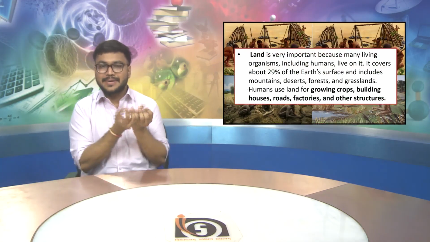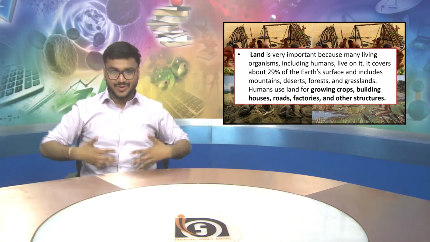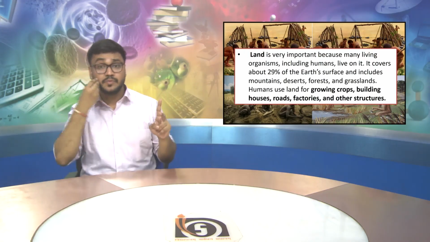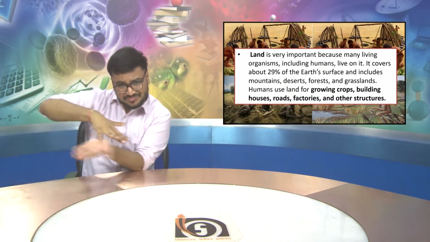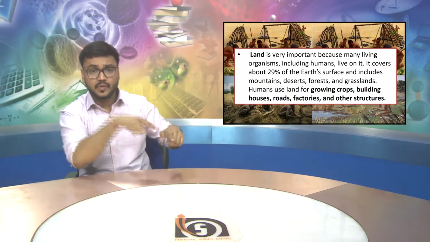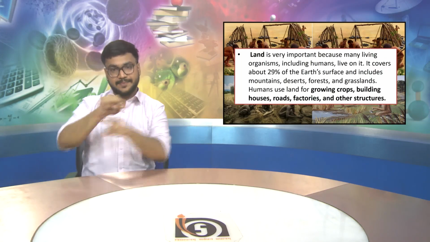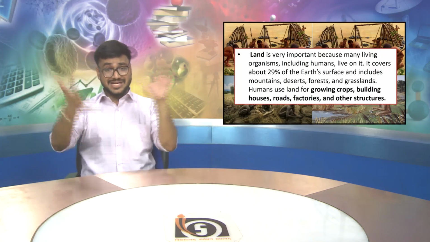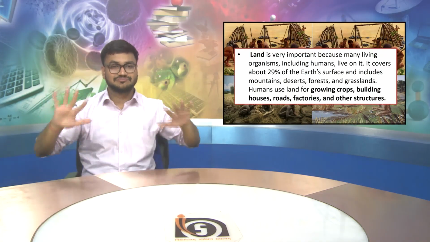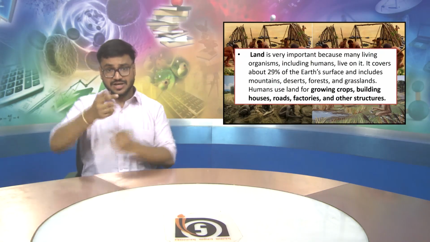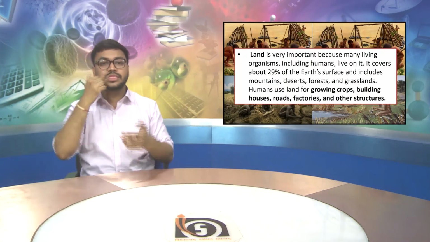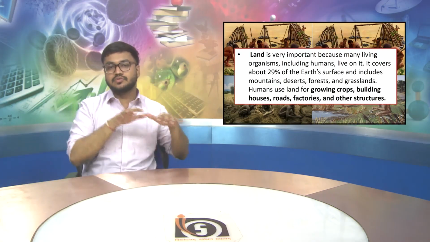First is land, which is very important because many living organisms, including humans, live on it. It covers about 29% of the Earth's surface and includes mountains, desert, forest, grassland, etc.